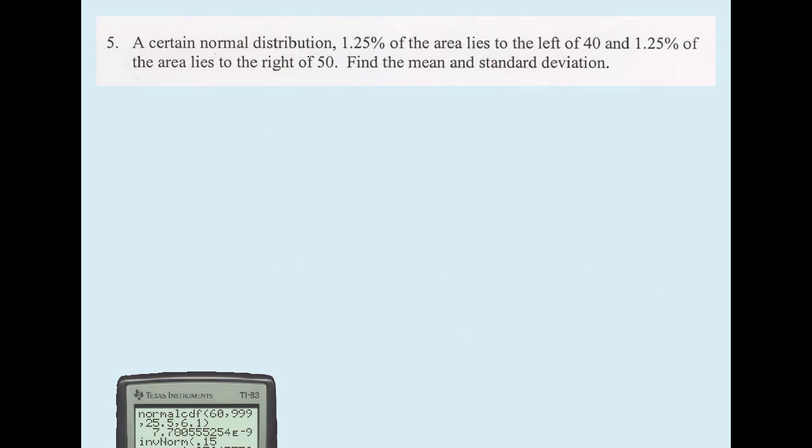All right, a certain normal distribution has 1.25% of the area to the left of 40. Okay, so I've got to draw a picture here. Well, we know we have 40, and then there's 50. 1.25% area, ooh, that's really small. My picture's way off here.